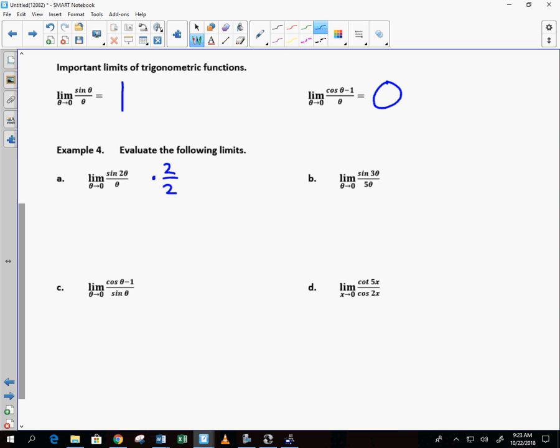And that's going to allow me to rewrite this limit as theta goes to 0 of sine of 2 theta over 2 theta times, anybody know what I have left? 2 over 1.